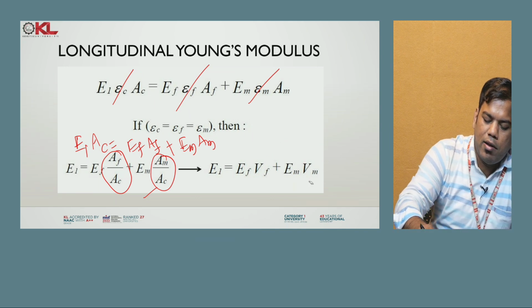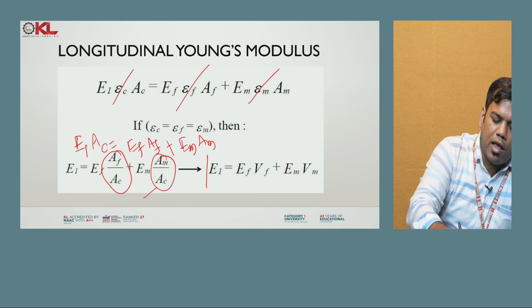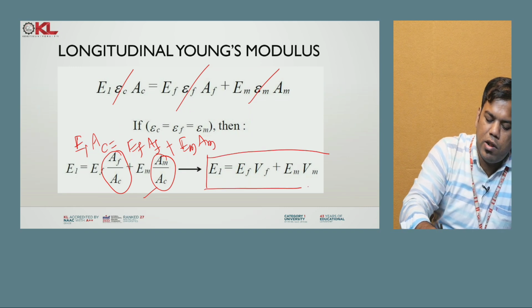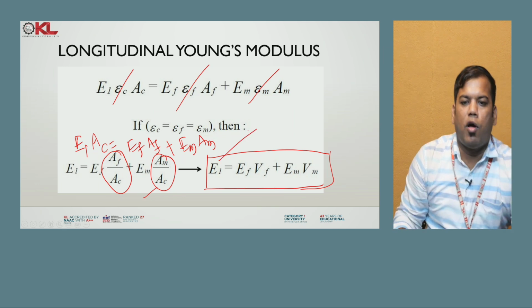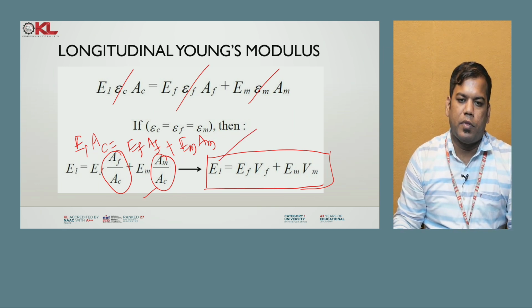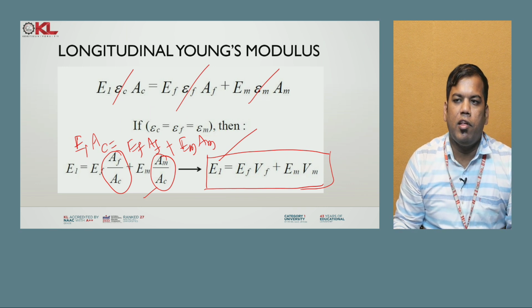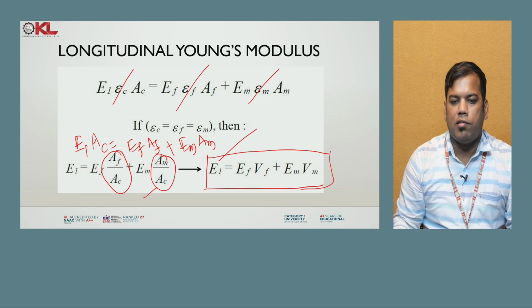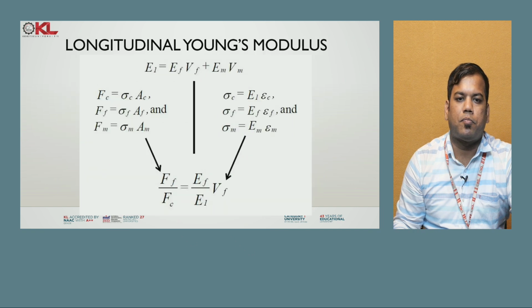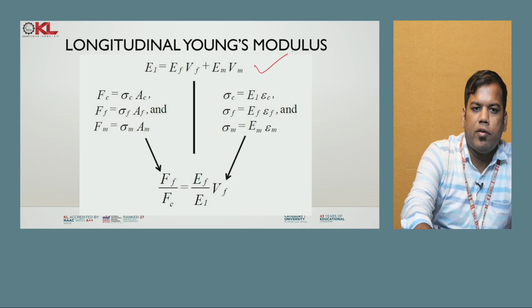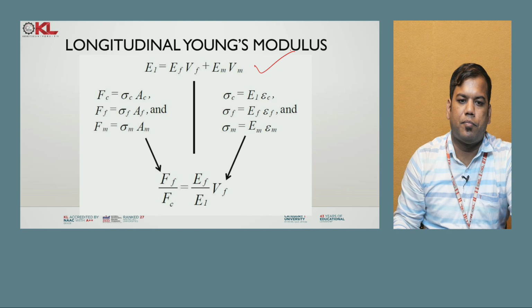So finally we got our longitudinal elastic modulus. When a longitudinal stress is applied on a composite, E1 will be Ef Vf plus Em Vm. Ef and Em are the elastic moduli of the fiber and matrix, and Vf and Vm are the volume fractions of the fiber and matrix respectively. So finally, E1 equals Ef Vf plus Em Vm.